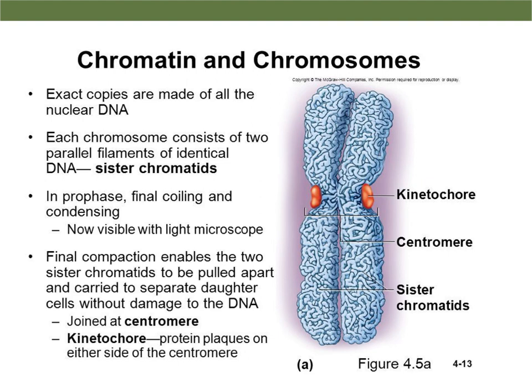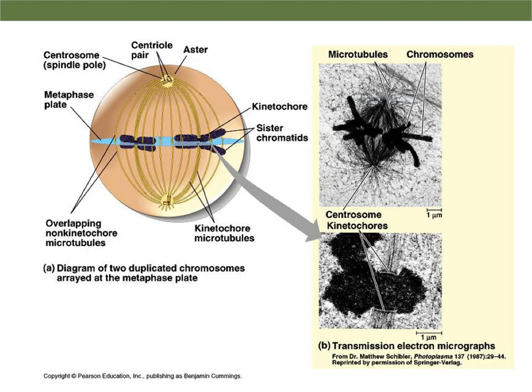When they are in their little X shape, they're joined at something that we call a centromere. Now, the kinetochore is going to be made up of proteins that are on either side of the centromere holding that chromosome together. The reason these kinetochores are important is because this is where those kinetochore microtubules are attached to the chromosomes and what allows those sister chromatids to be separated.